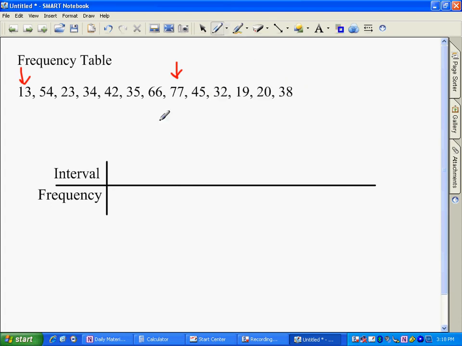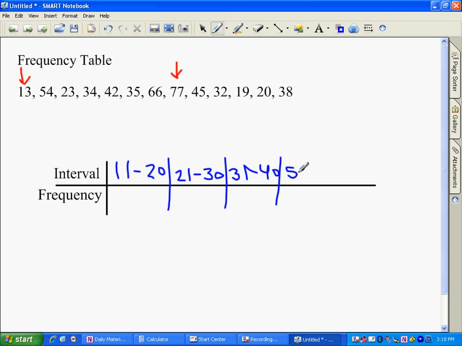So let's create intervals. There are a lot of ways you can do it. You don't need to just do one certain way. Let's do intervals of 11 to 20, 21 to 30, 31 to 40, and again, you have to include all.